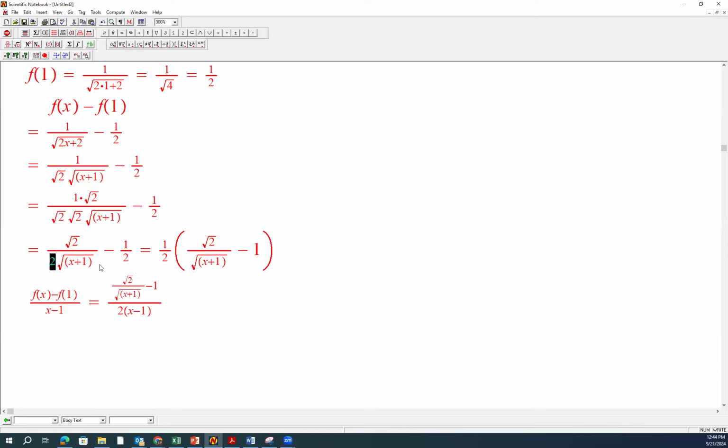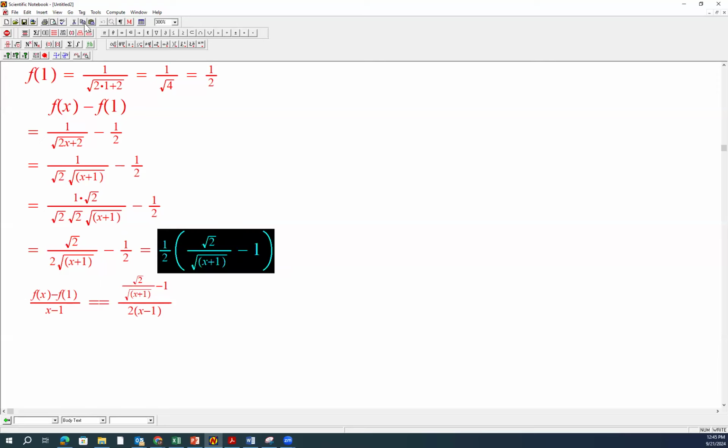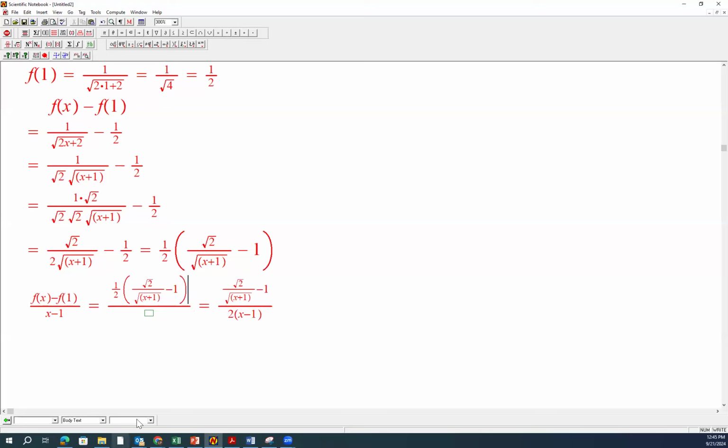This 2 in the denominator is factored out. You get something like this. When you multiply 2 on the top and multiply 2 on the bottom, that's what you got. Okay, so let me show you this one more time. So this piece, which is in the numerator, the denominator, of course, is x minus 1.